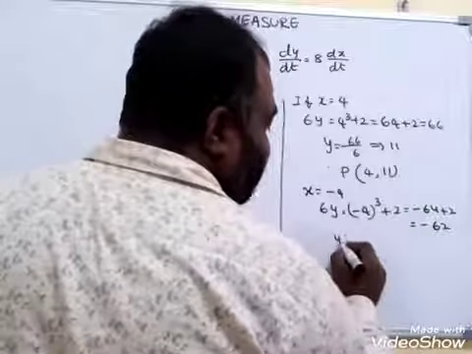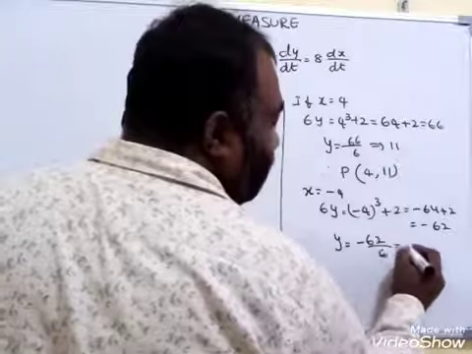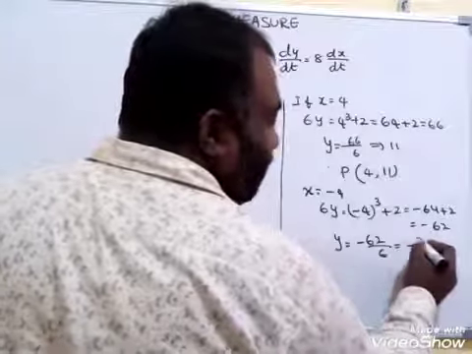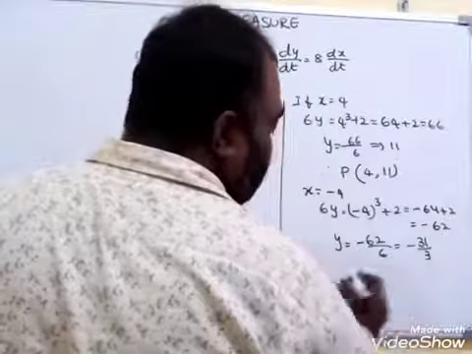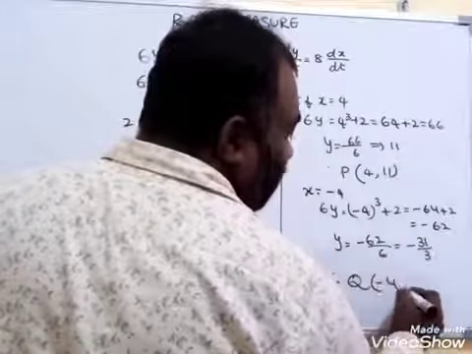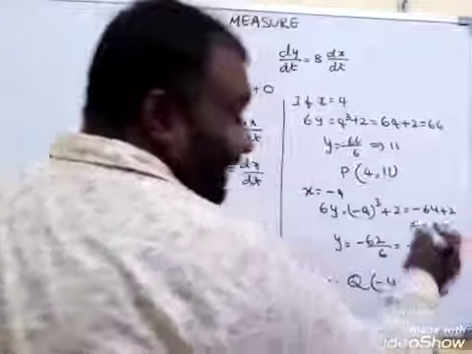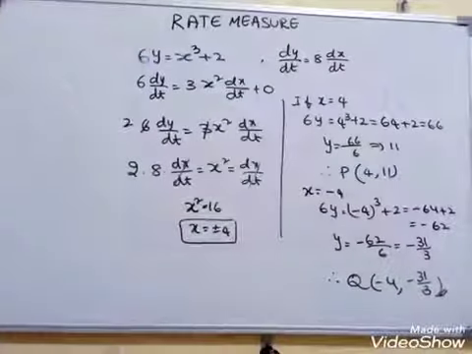Therefore y is equal to minus 62 by 6, that is minus 31 by 3. Therefore another point Q is minus 4 comma minus 31 by 3. Hence these are the required points.